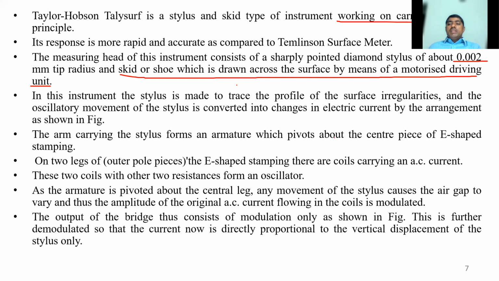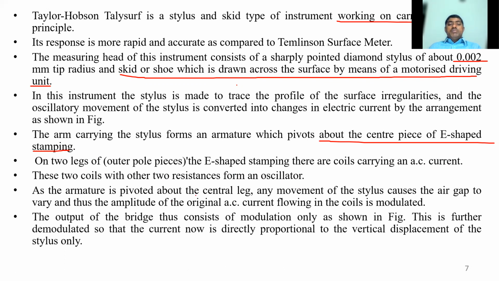The arm carrying the stylus forms an armature which pivots about the centerpiece of the E-shaped stamping as explained in the slide. On 2 legs of the E-shaped stamping, there are 2 coils carrying an AC current, and these 2 coils with the other 2 resistances form an oscillator.